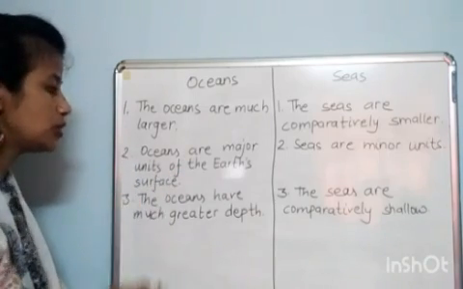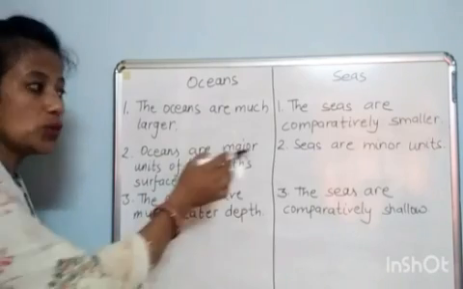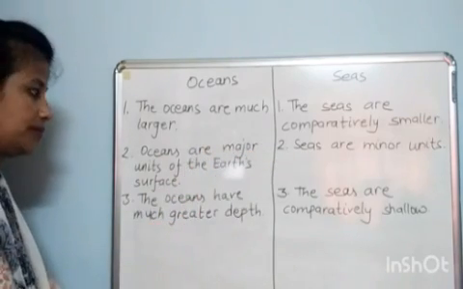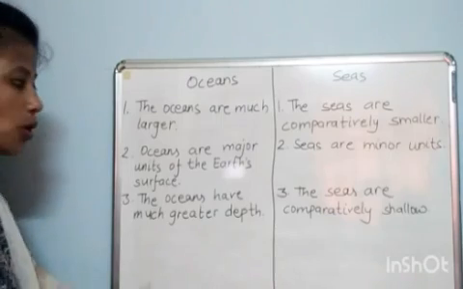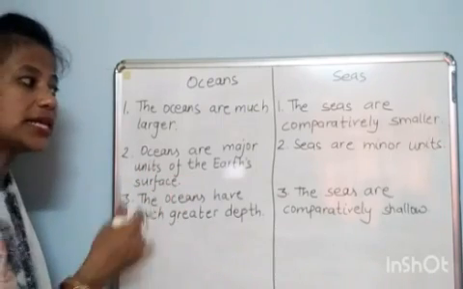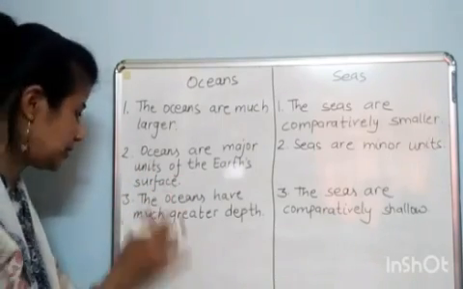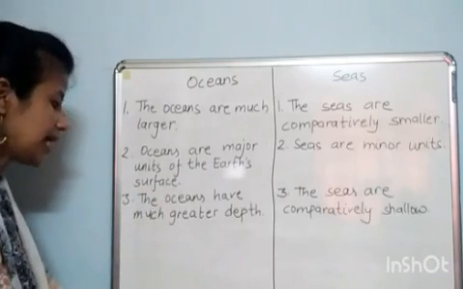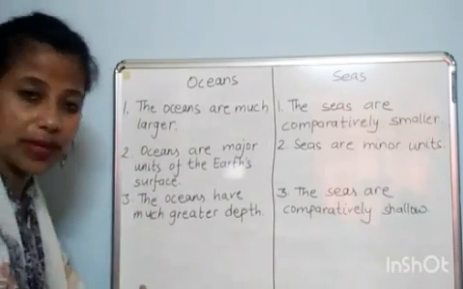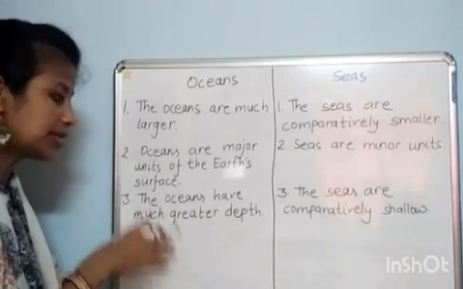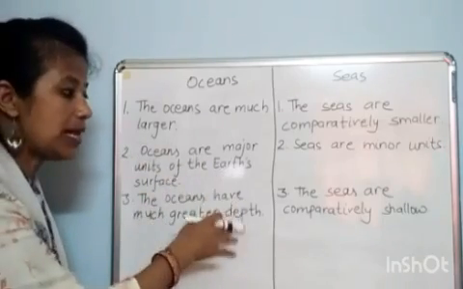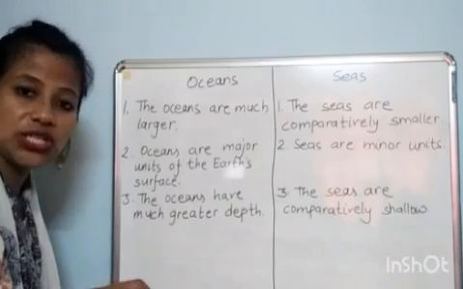Oceans are major units of the earth's surface, while seas are minor units. Number third, the oceans have much greater depth, while the seas are comparatively shallow.